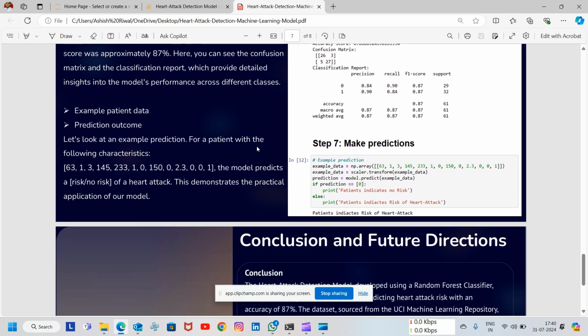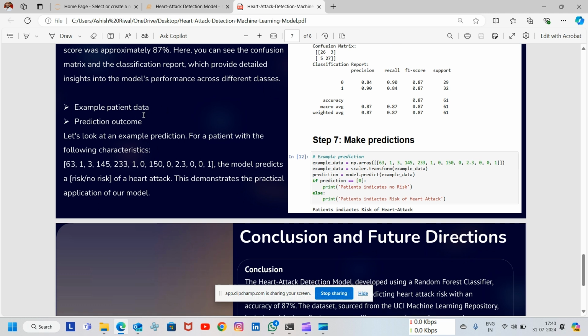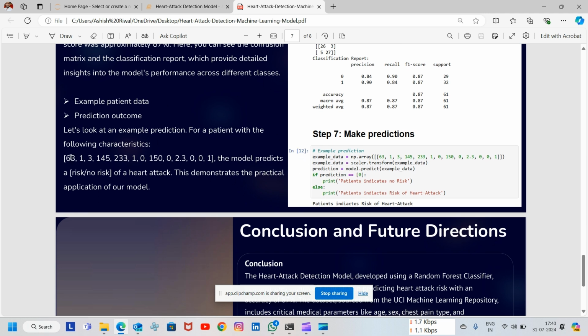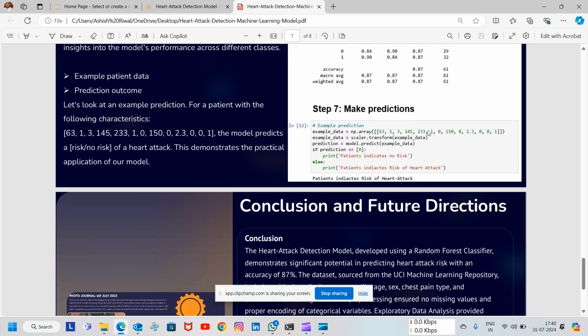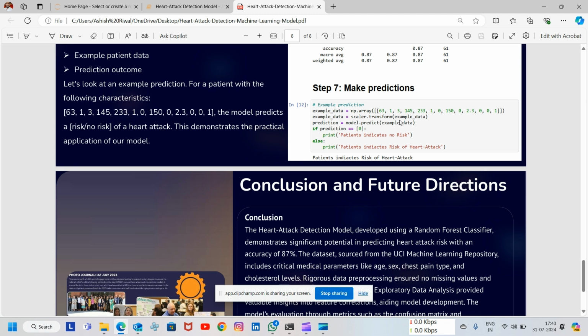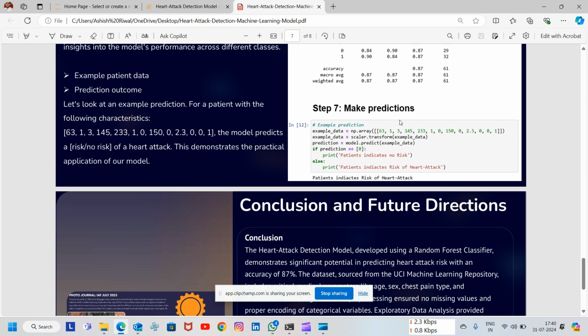Then I have made a prediction with the patient data. I have used the data which is saved in the variable example underscore data. I have used it in the form of an array, and I will transform that example data, and after transforming, I have predicted the example data.